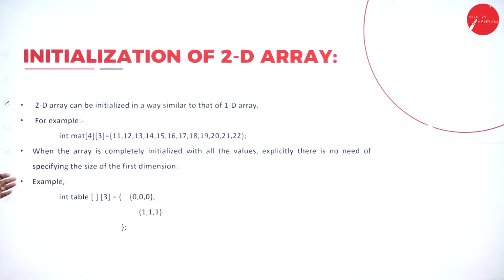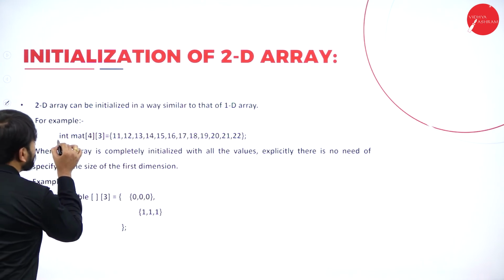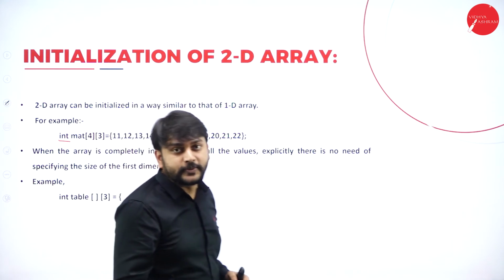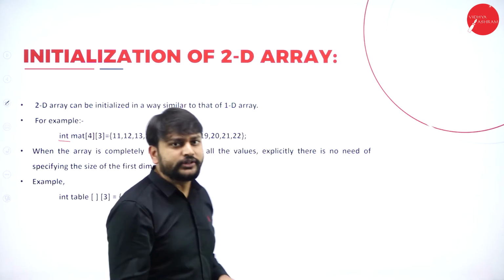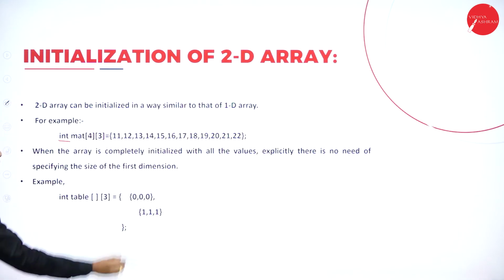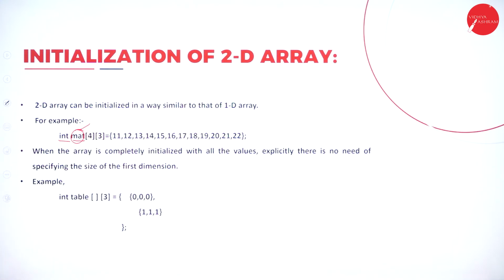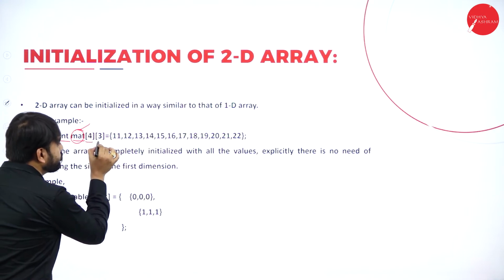Moving forward, how do I initialize a two-dimensional array? It's very simple. In the same way, you first specify the data type, which we have already discussed. The next one is the name of the array. Then I have two subscripts.